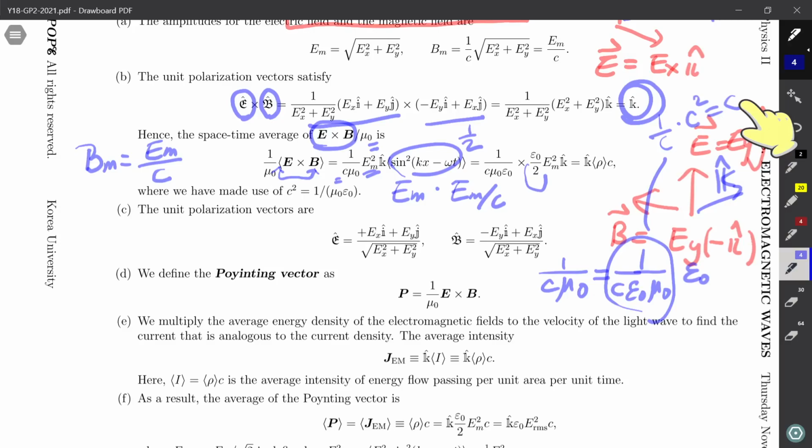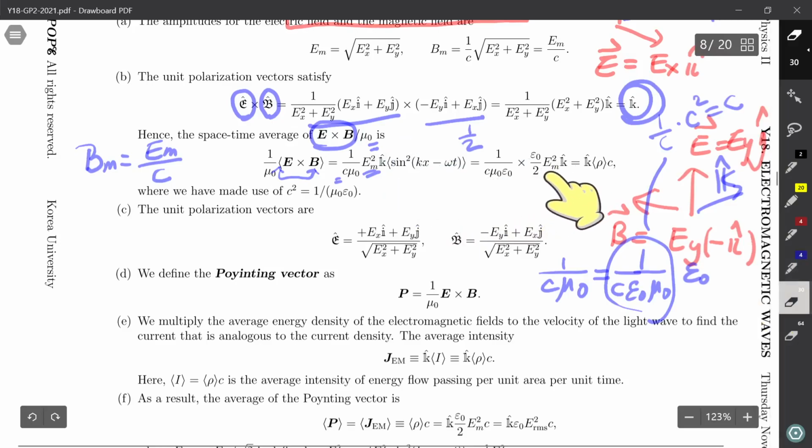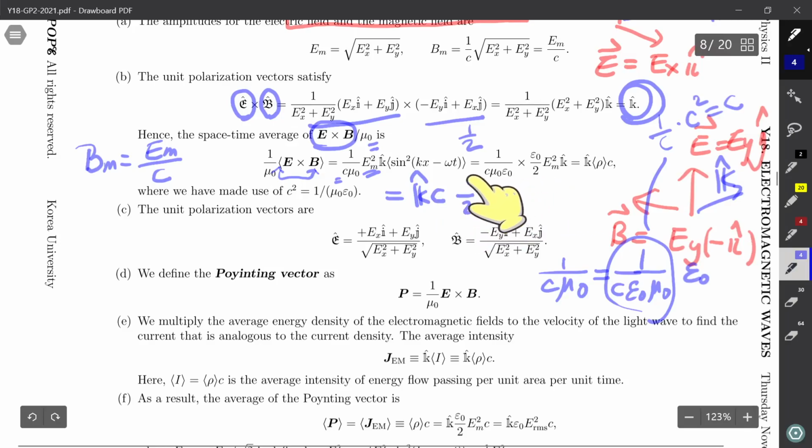As a result, the complete expression is unit vector k hat and speed of light multiplied by 1/2 epsilon 0 E_m squared. This is the rho. That means rho e plus rho b.